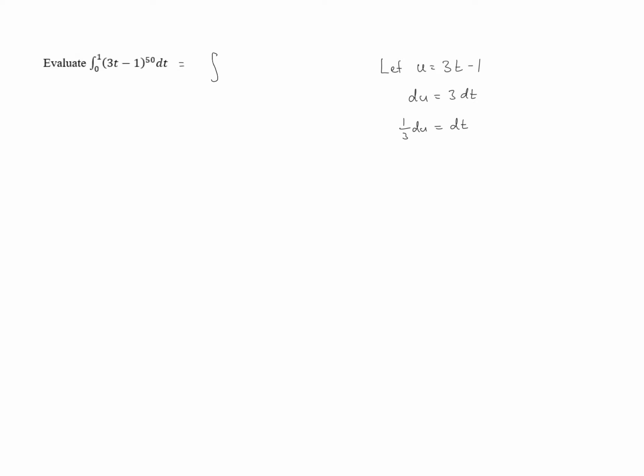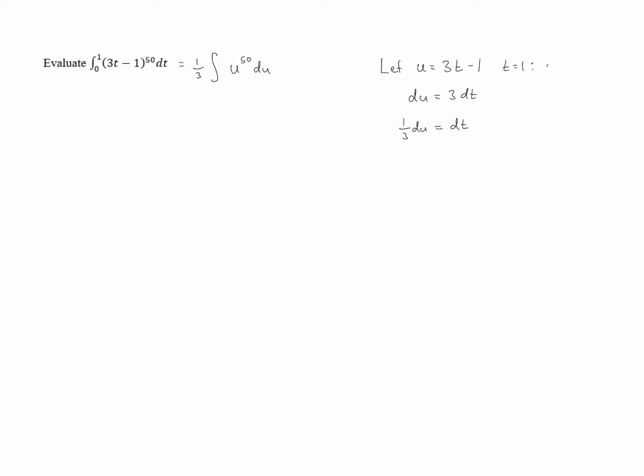We've got the integral of, the inside becomes u to the 50th du. That dt is going to be replaced by 1/3 du, so we need that 1/3 out front. And we're going to have to come up with new limits of integration. So our upper limit was t equals 1.